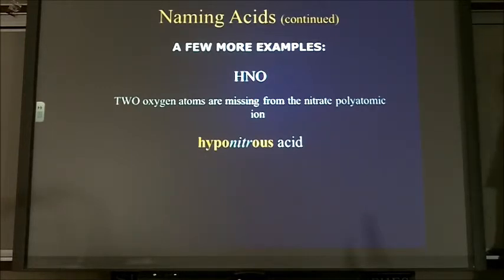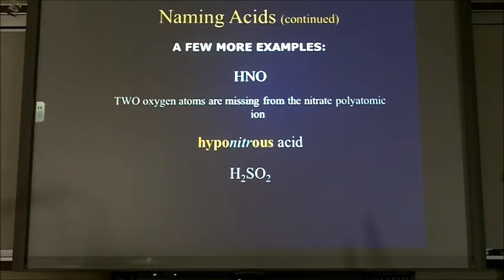So if it was just HNO3, it would be hydrogen nitrate? If it were HNO3, then it would just be nitric acid. We had that example earlier, and I can go back to it in a second. So what is the name of this? Actually, let me ask you, what is the name of the poly? Ignore the hydrogen.